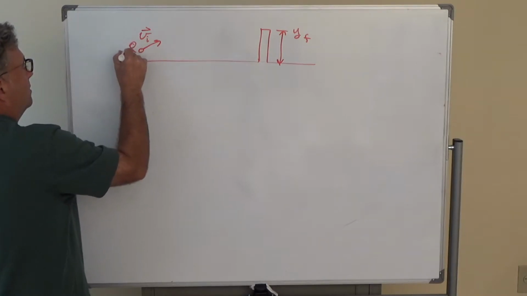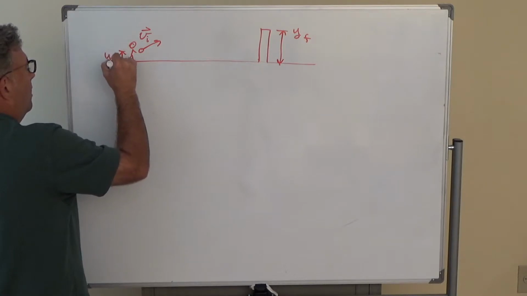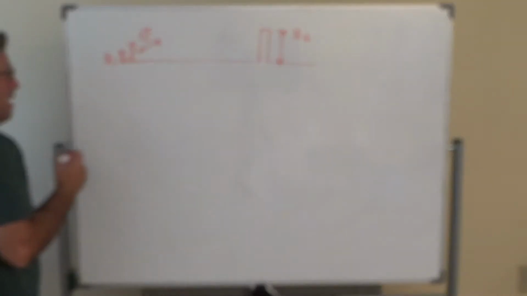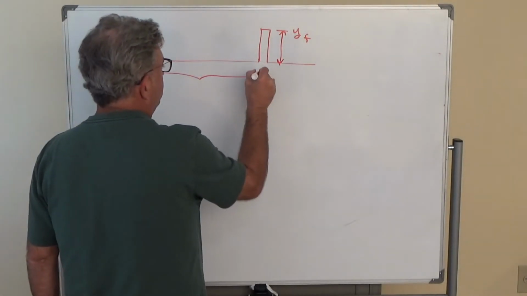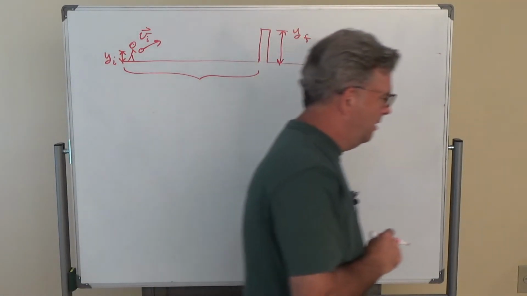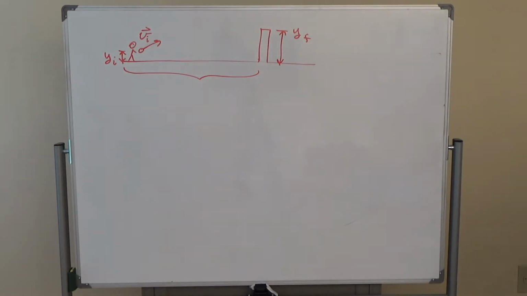This height is Y initial, which happens to be 1 meter. The distance from here to the wall, they give you that: 136 meters.